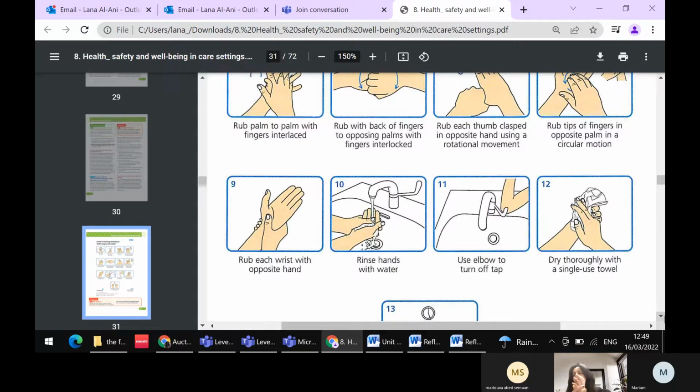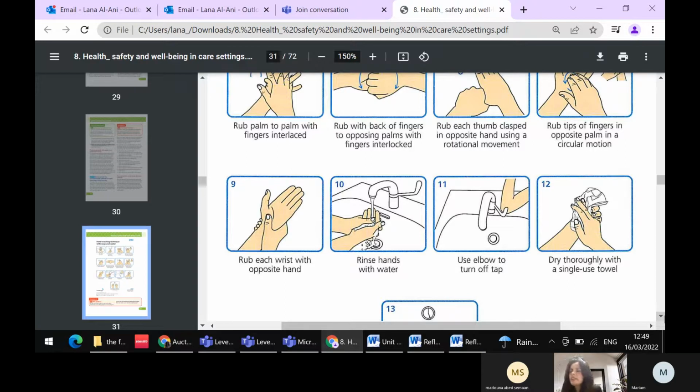After that, I would rub each wrist with the opposite hand. After that, I rinse my hands with water and close. Make sure to turn off the tap with my elbow so I don't get my hand dirty again.